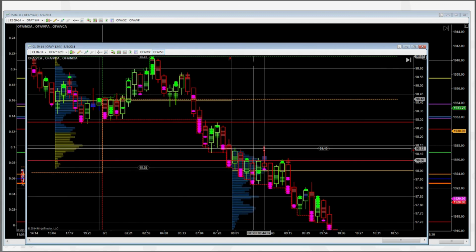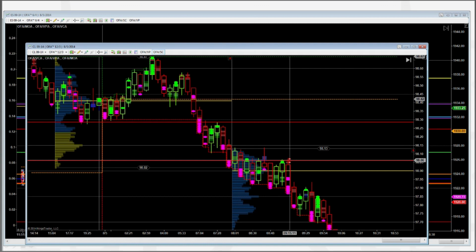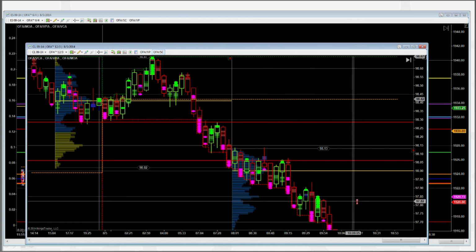Price moved below that, kept trying to move higher, couldn't. Neutral auction right there. More selling, tried to move higher, finally failed, and boom.